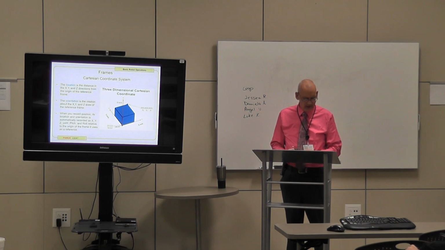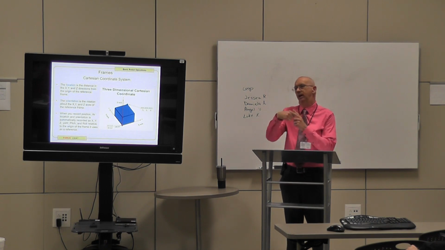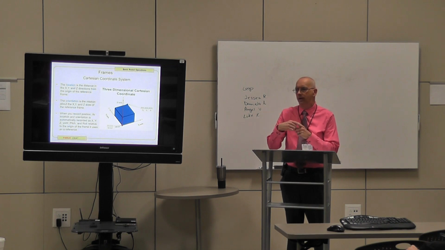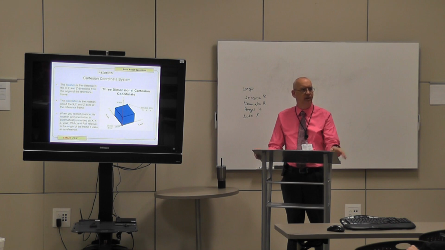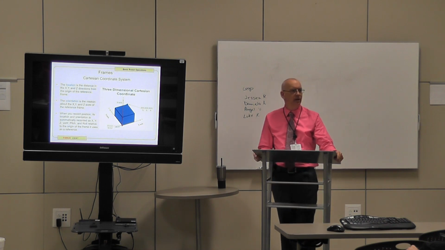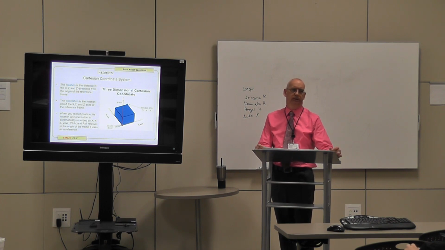The orientation is the rotation about the X, Y, and the Z axes of the reference frame. So, we talk about X, Y, and Z, the small one. In Cartesian, can anybody tell me what that's called, the rotational? Eli, you know it.